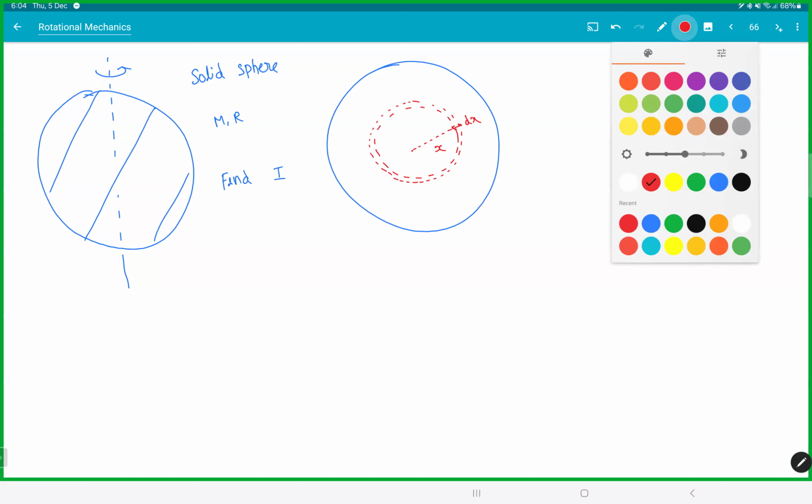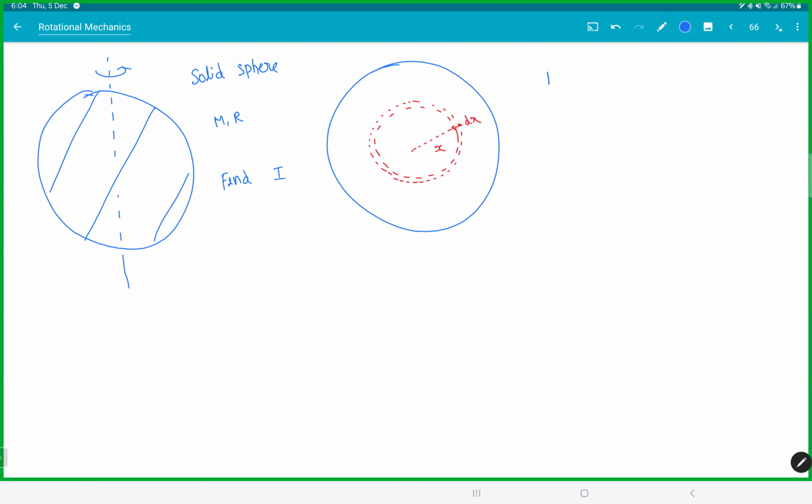So if you take a thickness dx, the small volume, the volume of the thin shell, is surface area into thickness.